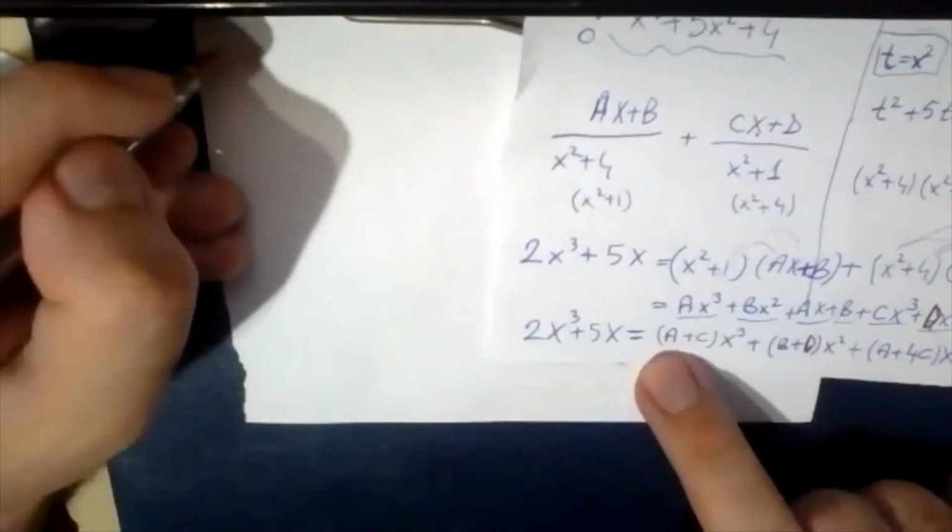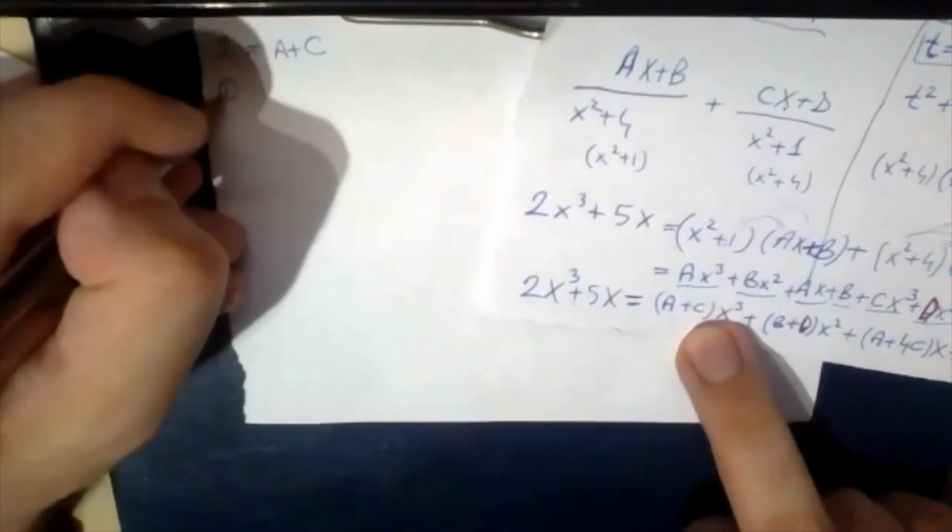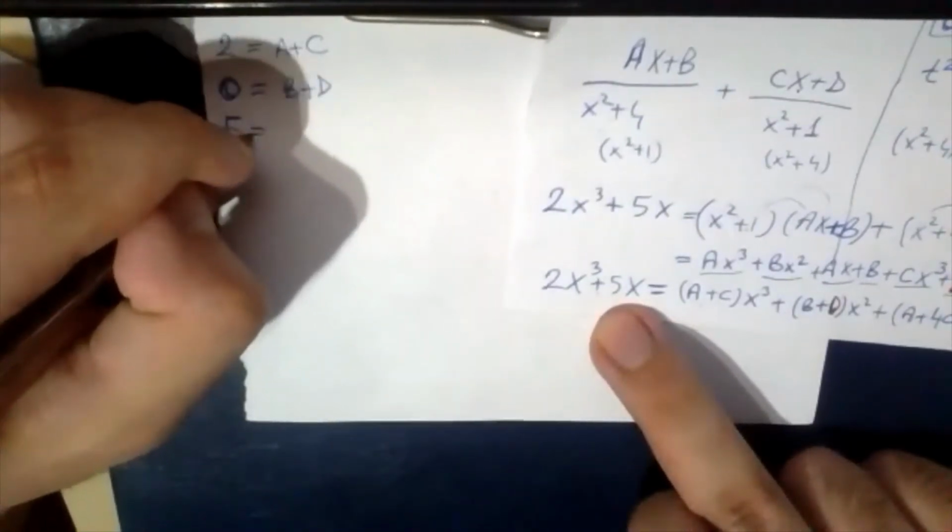The coefficient of x cubed is 2 on the left hand side, and a plus c on the right hand side. For the coefficient of x squared, on the left hand side there is no x squared, so it is 0. On the right hand side, it is b plus d. The coefficient of x on the left hand side is 5.